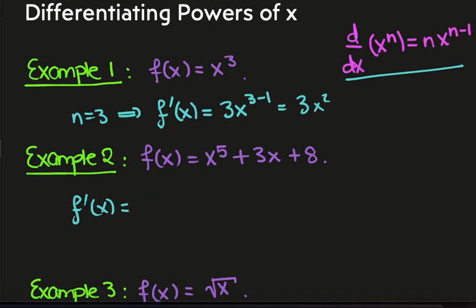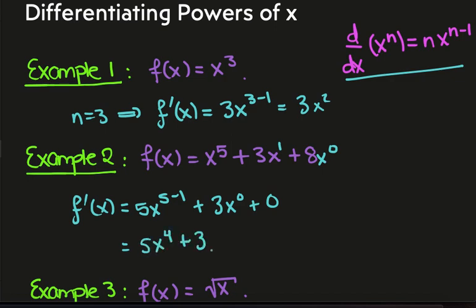So we'll have 5x to the 5 minus 1 plus, this is 3x to the 1, and this 8 can be 8x to the 0, and so what we'll find is that we'll get a 3x to the 0, and then this just becomes 0 because we'll end up multiplying by 0. So if we simplify this, what I end up with is 5x to the 4 plus 3.